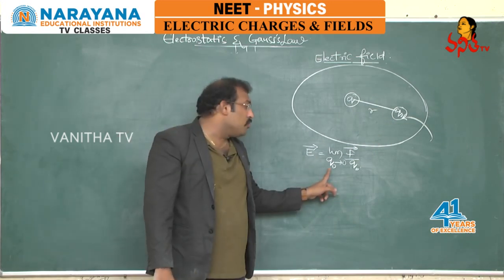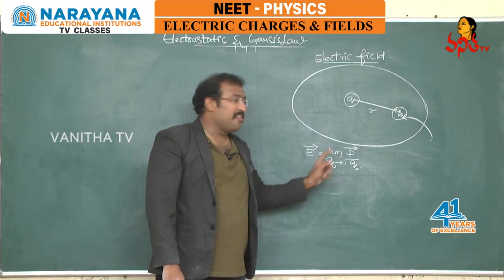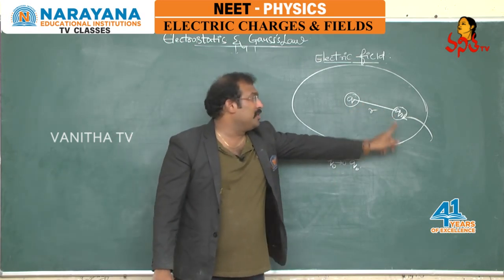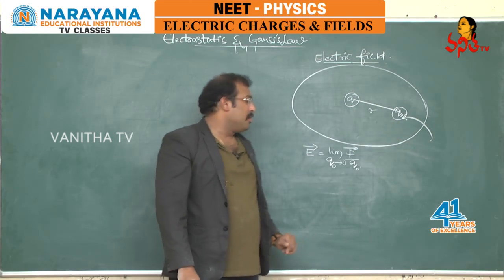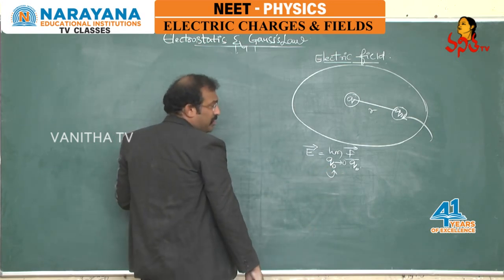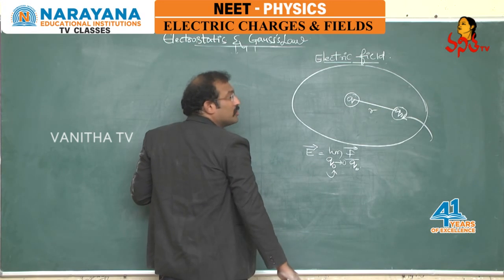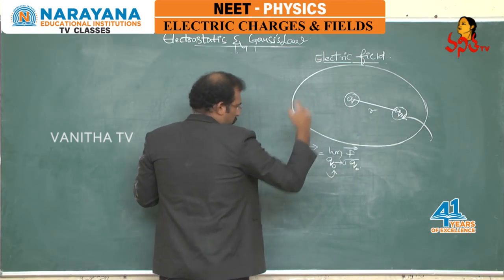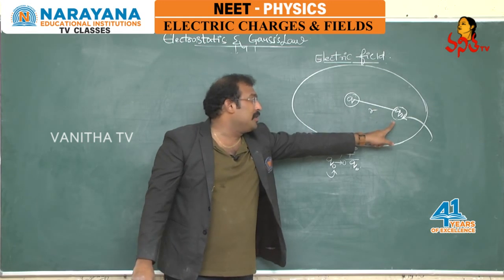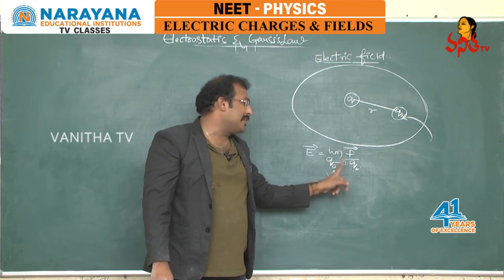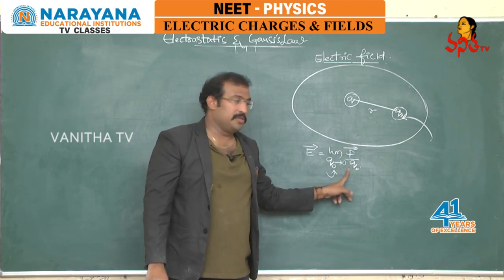Now, as Q naught tends to 0, F bar by Q naught represents the electric field strength at a point in an electric field. This Q naught should be very small so that the field due to Q naught does not influence Q. That is why the field strength at a point is only due to the source charge, given by E bar equal to limit Q naught tends to 0 of F bar by Q naught.